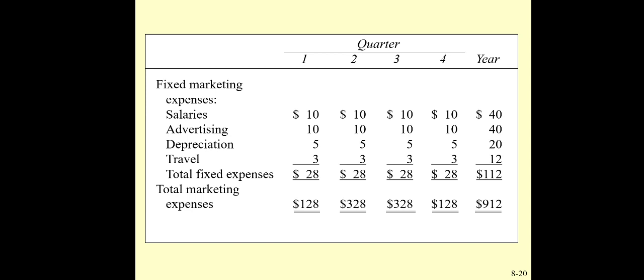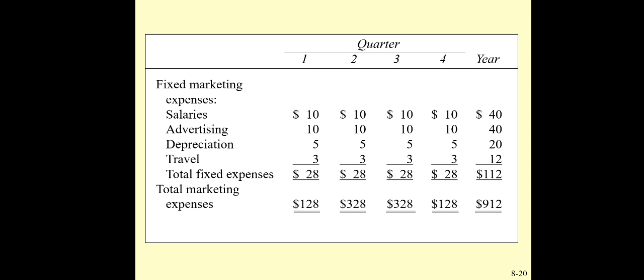Always remember, this is a budget. Budget means estimate of what the business has to pay in the next year or the next quarter. So the actual amount paid by the business is not necessarily equal to the budgeted amount. So always be aware of that.